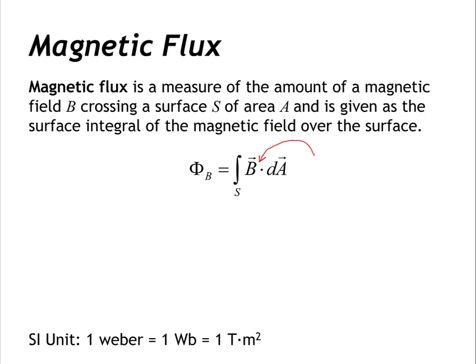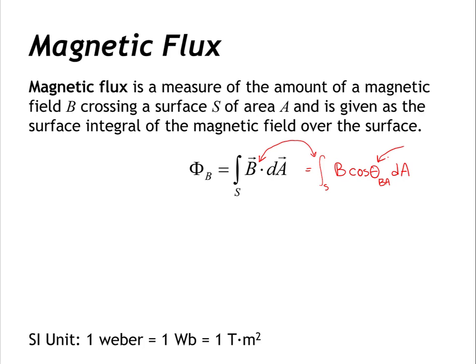We could rewrite this dot product in terms of the product of the magnitude of the magnetic field, the cosine of the angle between the magnetic field and the surface area vector, and the magnitude of the surface area differential. So here's the angle dependency right here in the magnetic flux.